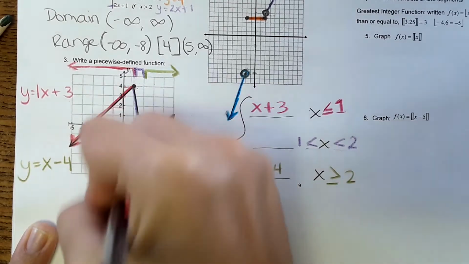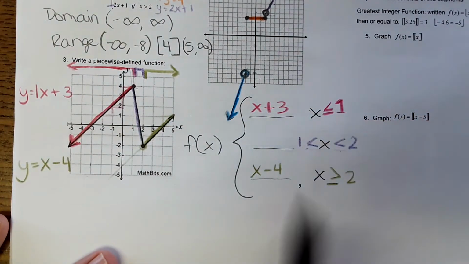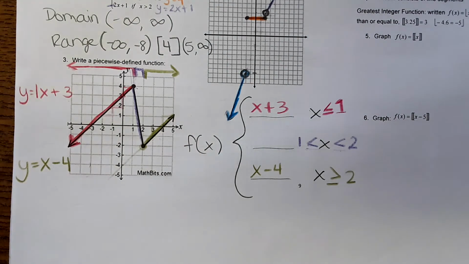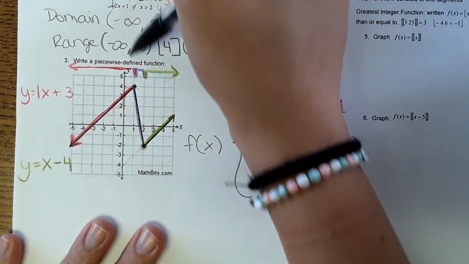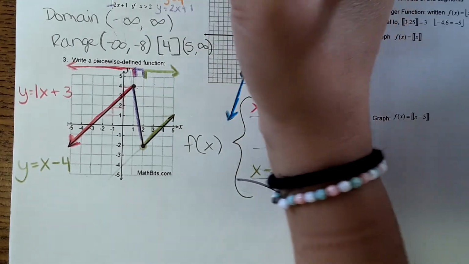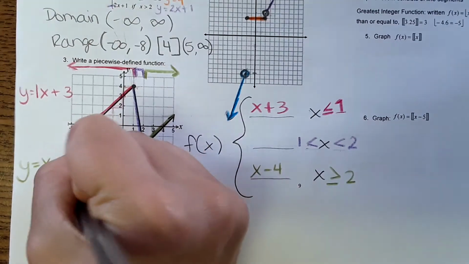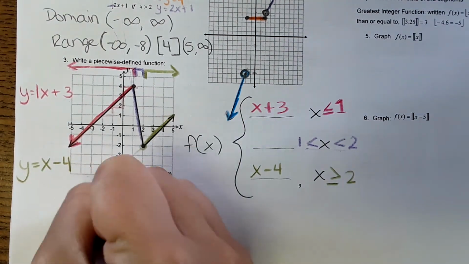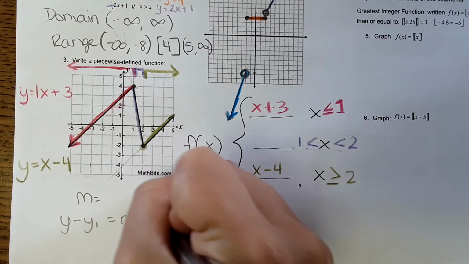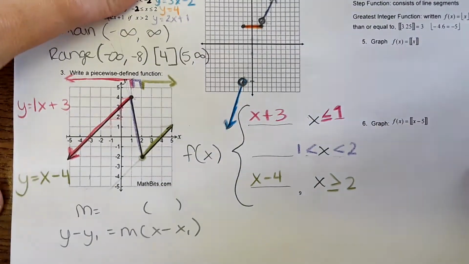What about purple? Purple, we're going to have to solve for it, like big kids. For purple, you'll notice that you'd have to extend this line out a lot to find that y-intercept. So we're going to actually solve for it. We need the slope, and we need a point on that line, and then we can use y minus y1 equals m times x minus x1, the point slope form, to figure out our equation of the line.